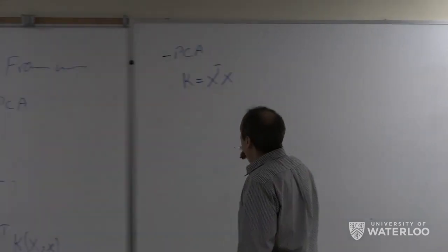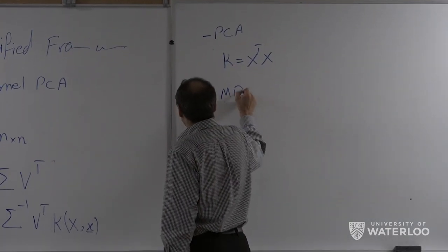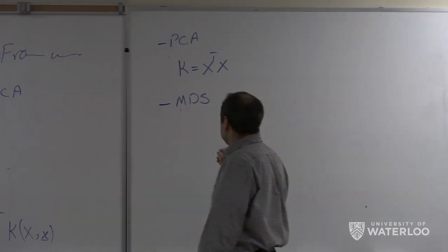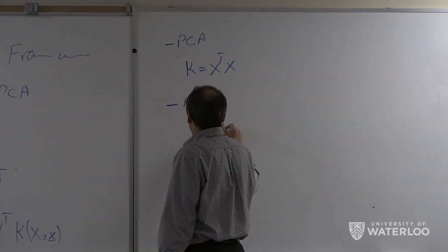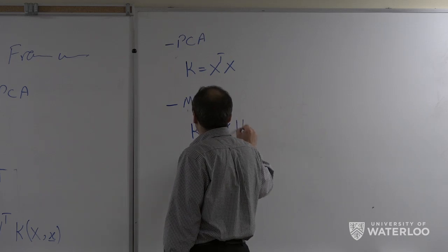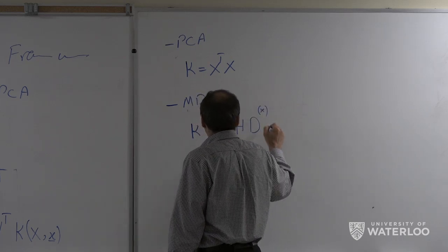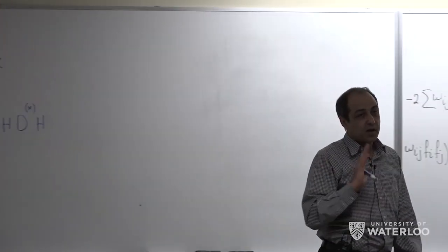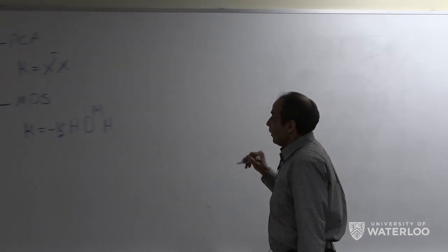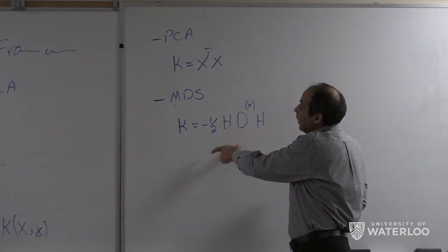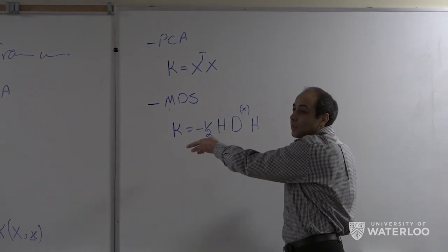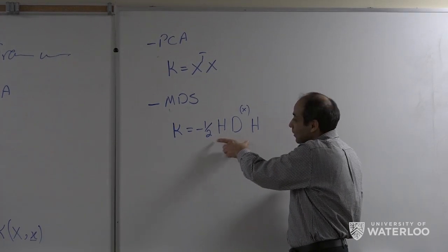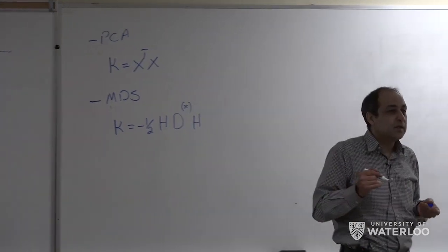So what about MDS? In MDS, we decomposed K, where K was minus 1/2 H D H, and H was the centering matrix, a constant matrix. So I can claim that MDS is kernel-PCA, but the kernel has this form. You know, kernel is a measure of similarity.